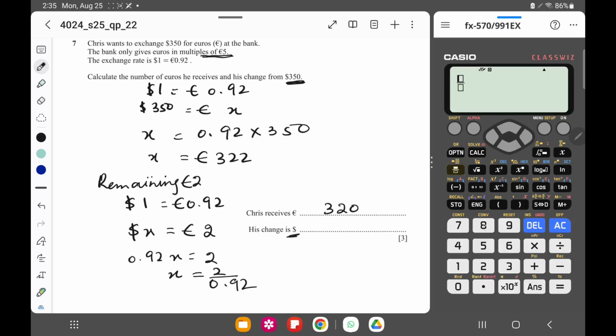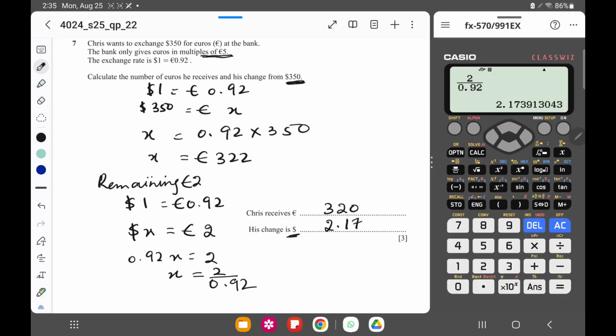So that is 2 upon 0.92, which is 50 over 23, or $2.17 left. So in this question, first we changed the $350 into euros. We got 322 euros, but we are not getting the whole amount. We get it in multiples of 5, like 300, 310, 315, 320.